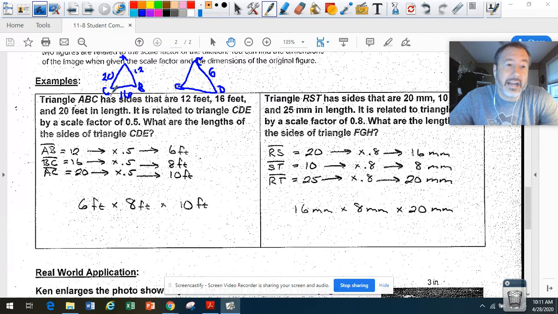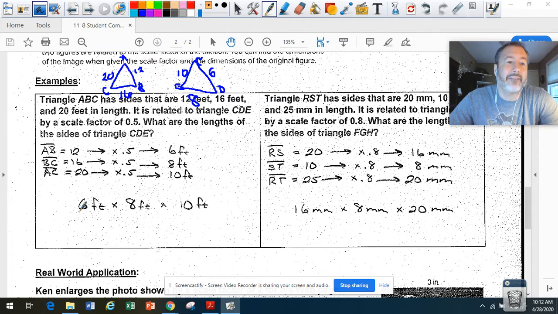Now, if I know that BC is 16, I know that DE is half of 16, so this has to be 8. So there's how I got my 8 feet. And finally, I know that CA is 20, which makes EC half of that, which would make this 10.